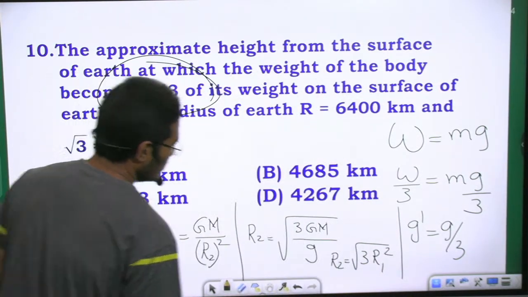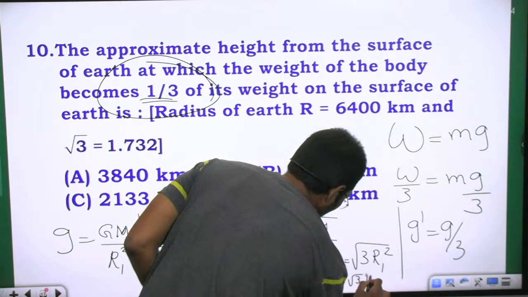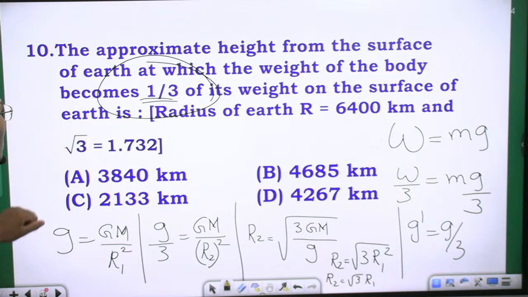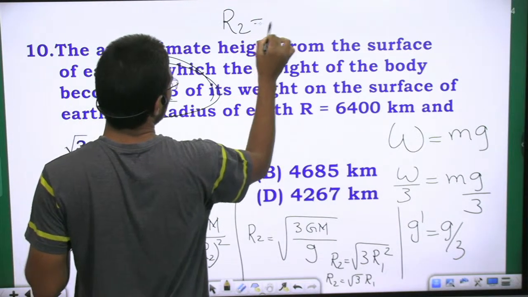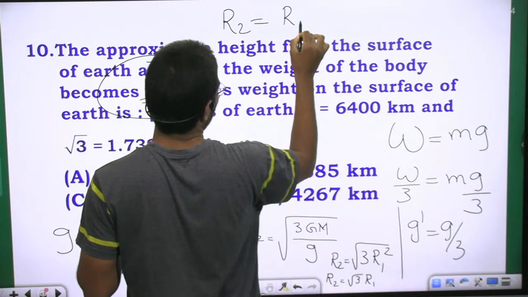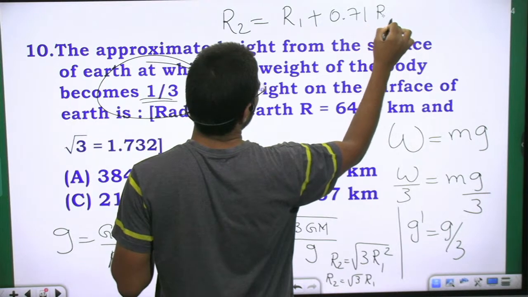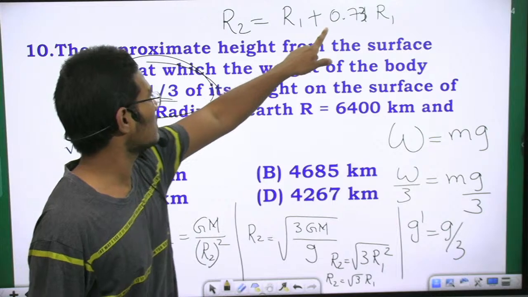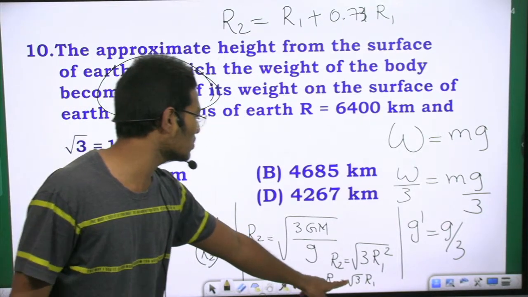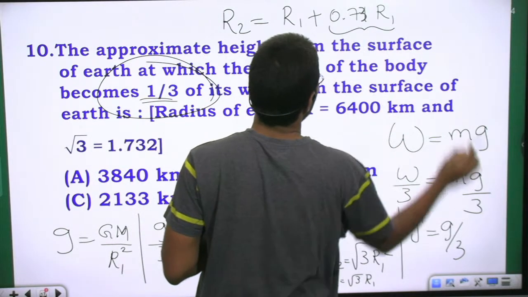So R2 is equal to root 3 R1. So the question is approximate height. So R2 is equal to R1 plus 0.732 R1, right? 1 plus 0.73, 1.732. Root 3 is equal to 1.732. So the height away from the surface of the Earth is 0.73 R1.